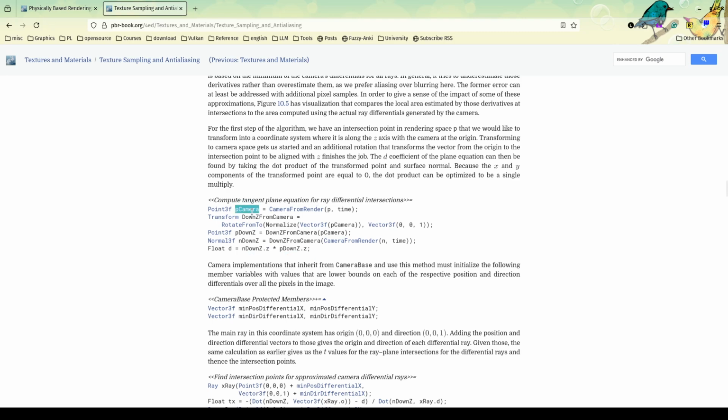First find the point in camera space, and then we create a transformation to transform this point to 0, 0, 1. And yeah, we transform this.